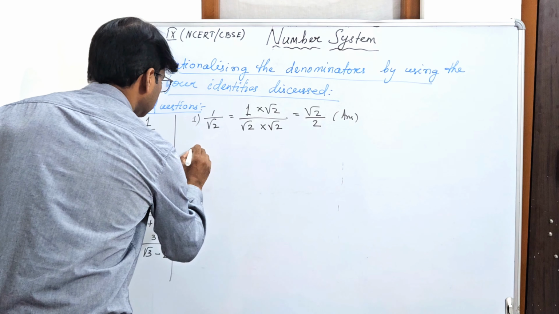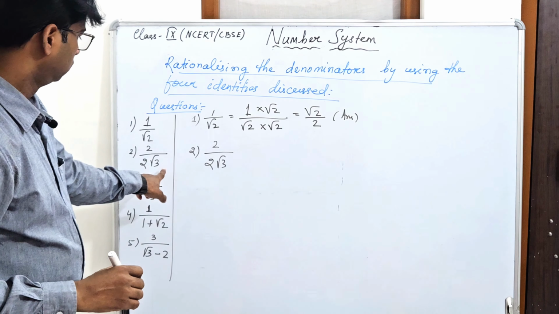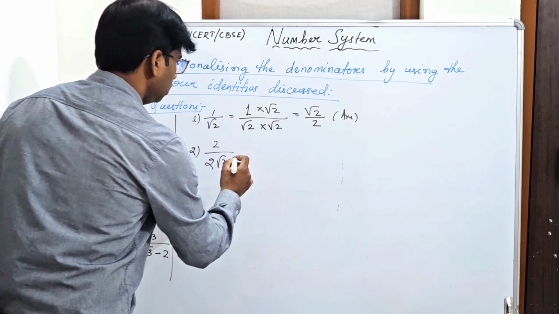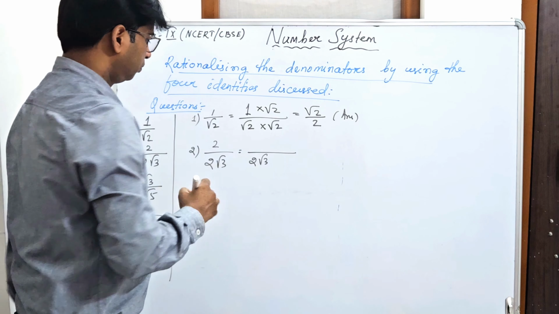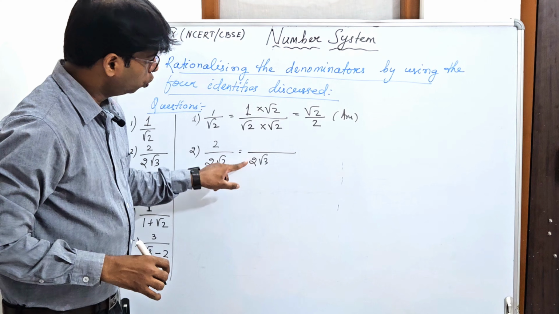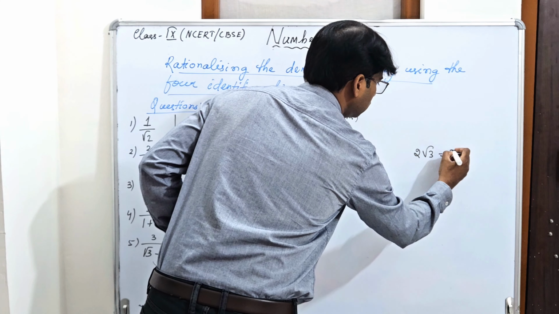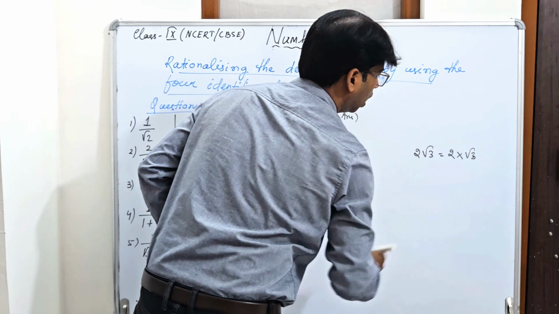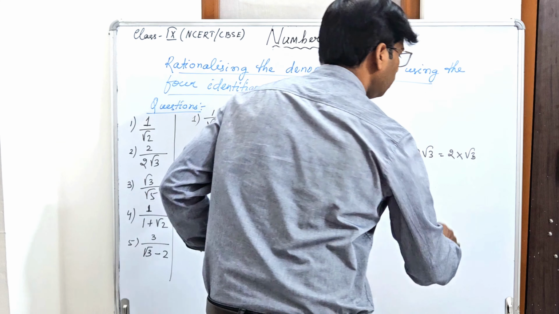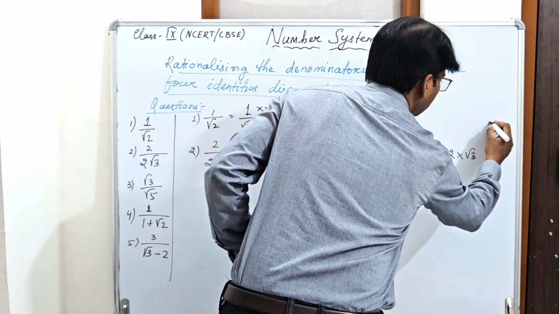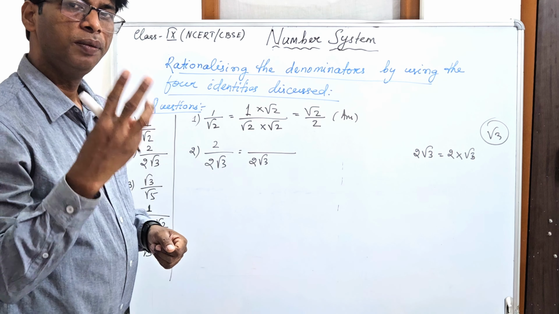Next question is 2 by 2 root 3. Now 2 root 3 means 2 into root 3. Tell me, how much should you multiply to rationalize this? Simply I will multiply root 3 only. Then root 3 into root 3 will be 3.